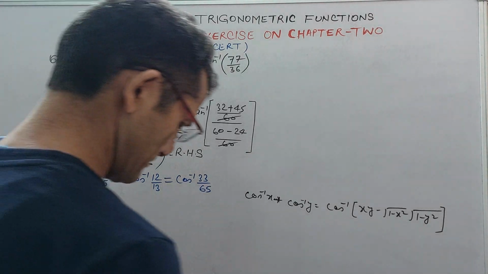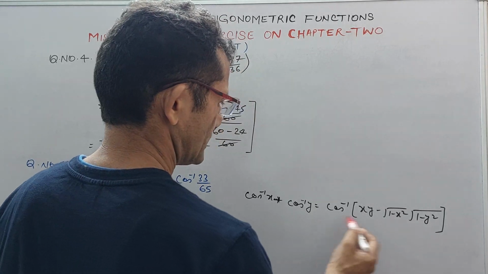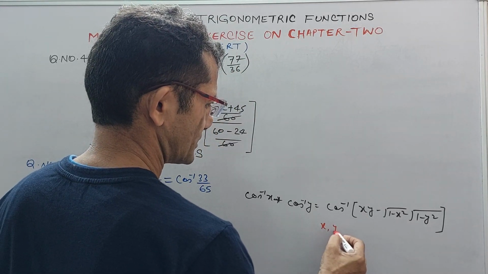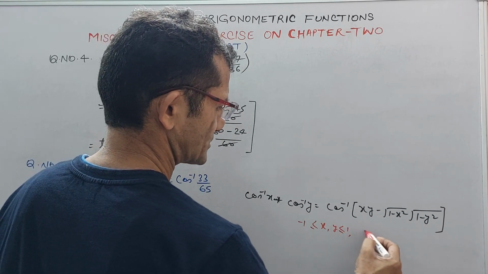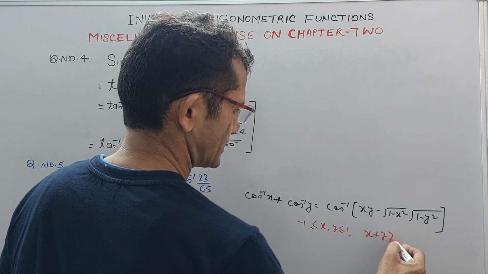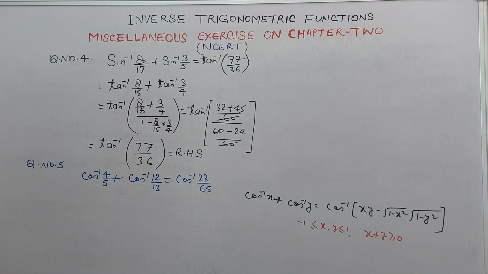Now this formula will be valid. We will use this formula only when x and y, these two numbers, lie between minus 1 and 1. That is the first thing. Second, x plus y should be greater than or equal to 0. Let us check.